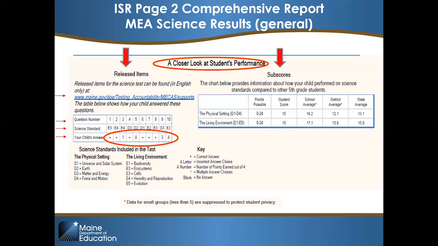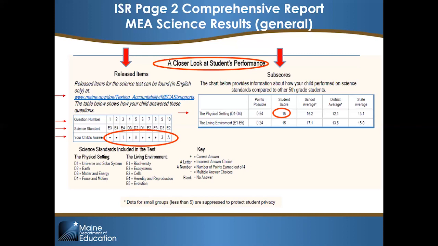Subscores on the right have more detailed information. This chart provides information about how the student performed on science standards compared to other 5th grade students in the school, district, and state. This chart shows on assessment items regarding the physical setting standards, Chase scored 15 points on the assessment in that subscore category.